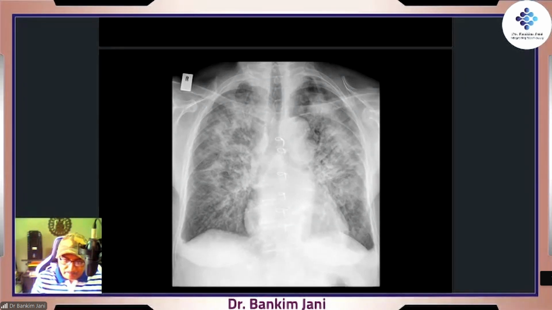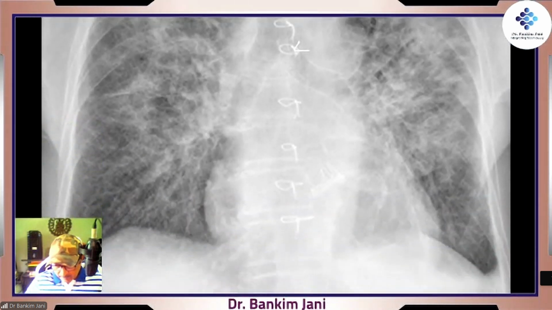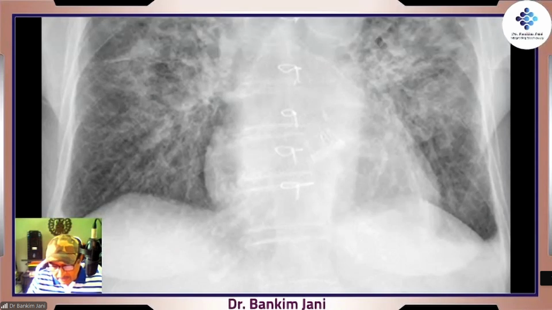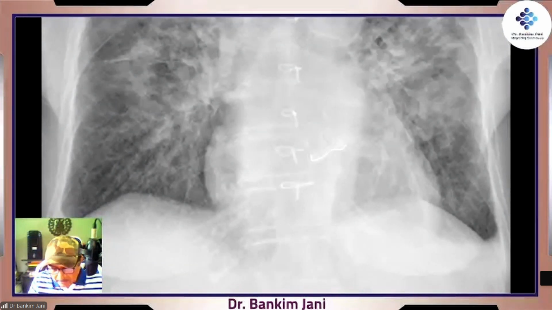See all these are the metal stitches. You see the metal stitches. Oh, there is one more thing. See, and I need to zoom it out. Can you see something over here?